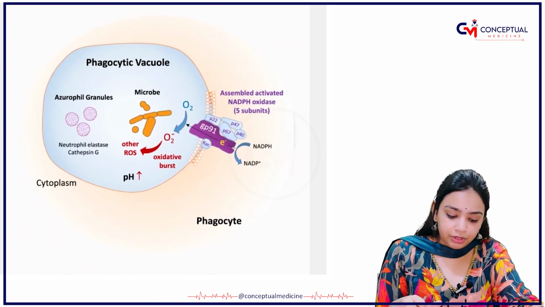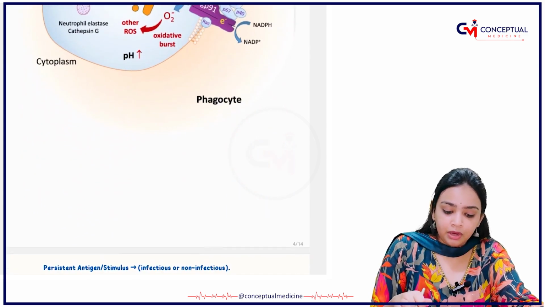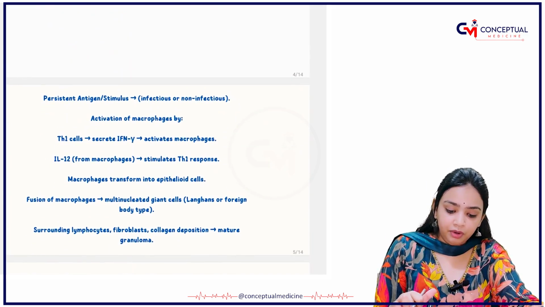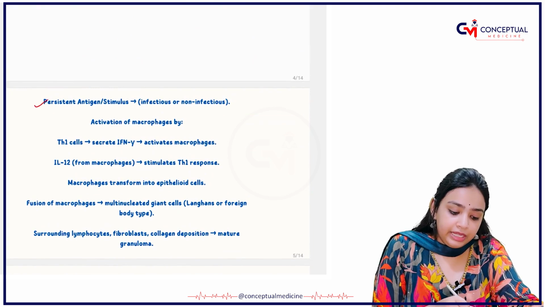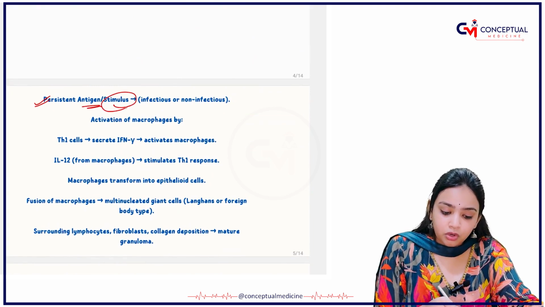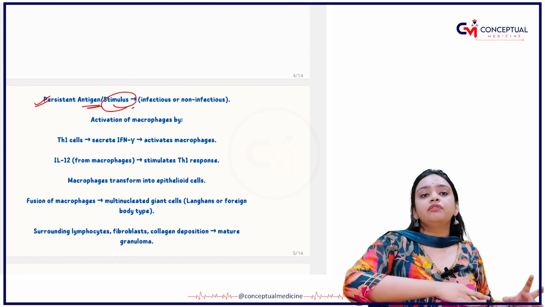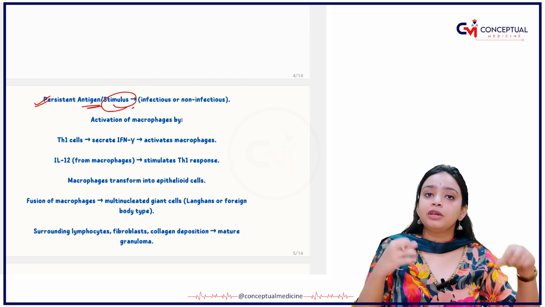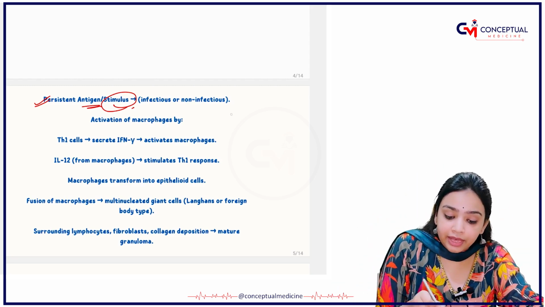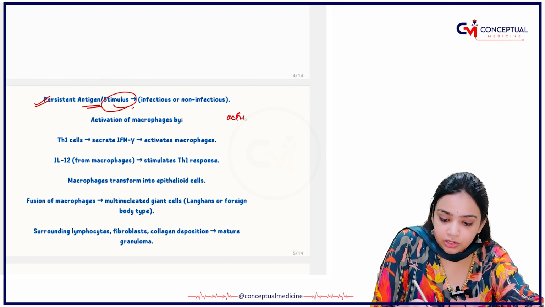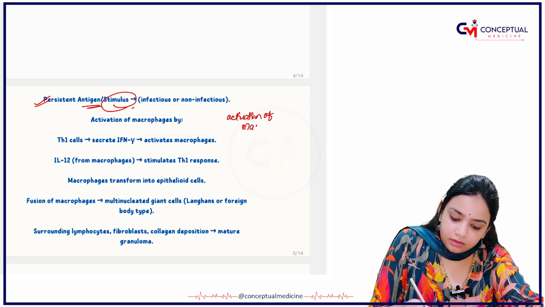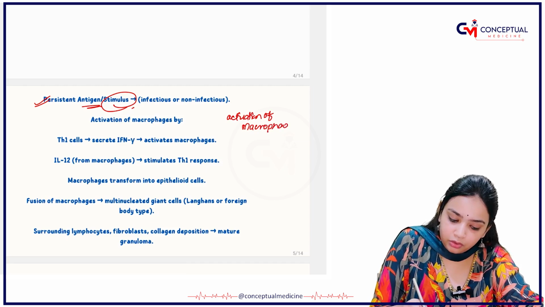Now, for the pathogenesis, see this figure. Before coming to this figure, let's just read what we have written. When there is persistent antigen or stimulation, if there is a regular infection or persistent infection that a patient is suffering from, then there will be activation of macrophages.